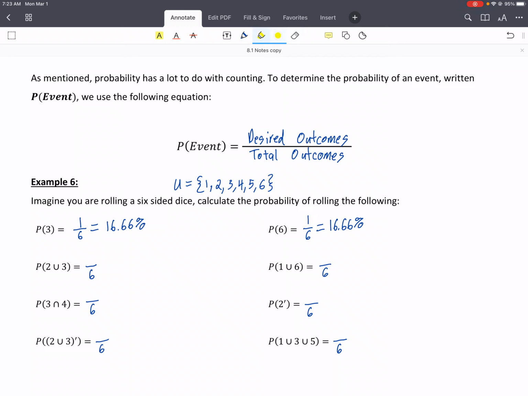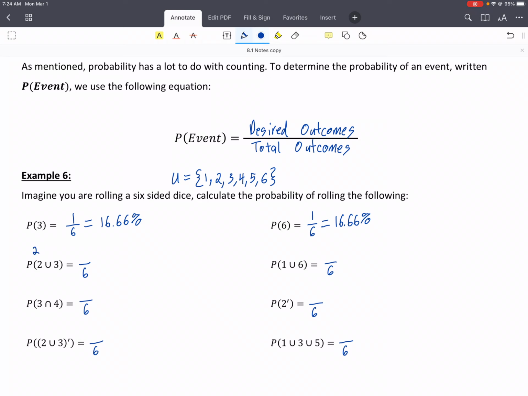Okay, if we keep going here, a 2 union 3, or we can read this as a 2 or a 3. So how many of those give us a 2 or a 3? So we got one that gives us a 2, one that gives us a 3. So we'd have a 2 out of 6 chance, or 1/3, which is 33.33%.